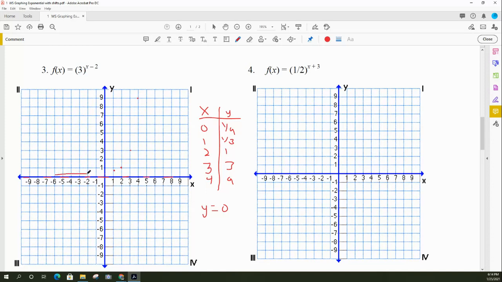So there is our graph. Domain is all real numbers. And the range is everything greater than 0.